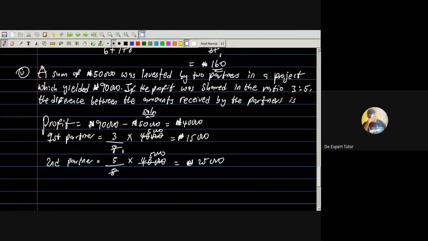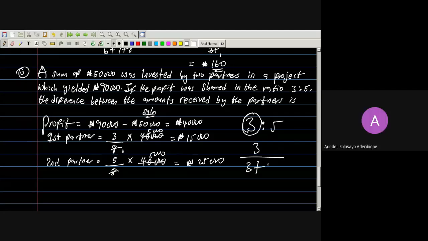Pay attention. Remember, I told us this from the beginning. See, 3 ratio 5 is what I have. If I want to know the amount that this first person will get, I'll say 3 divided by the total ratio. The total ratio is 3 plus 5, that's 8.